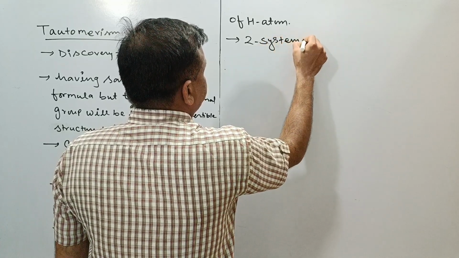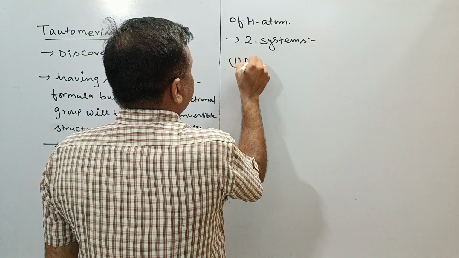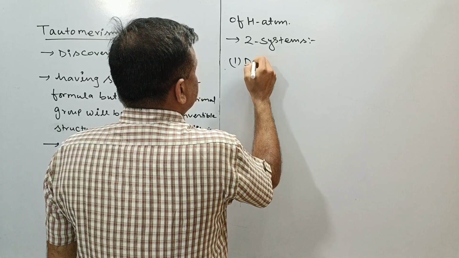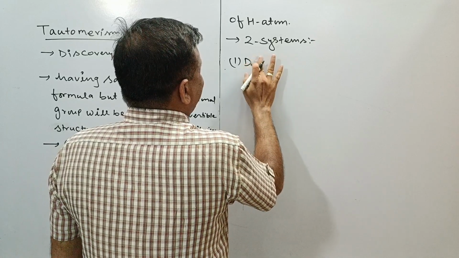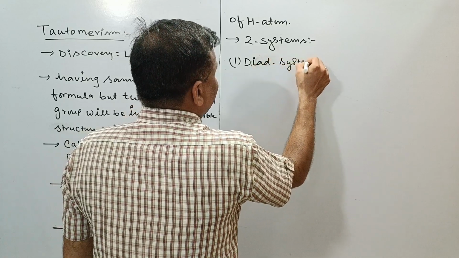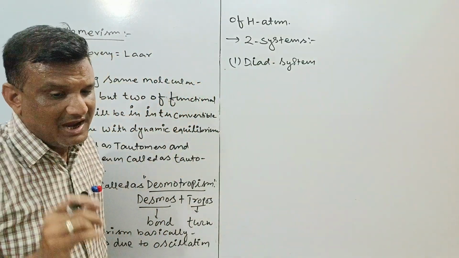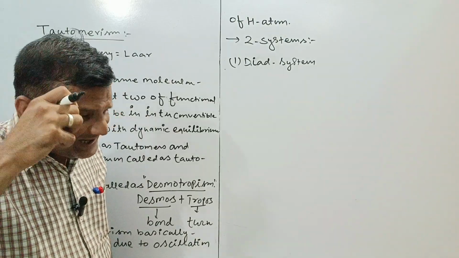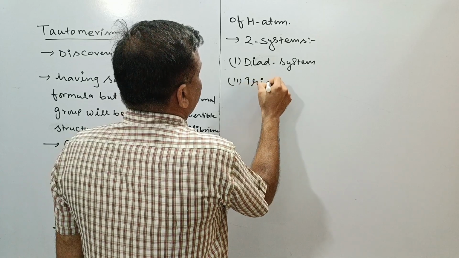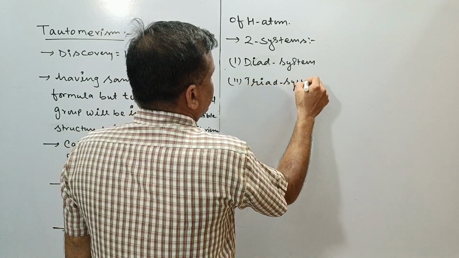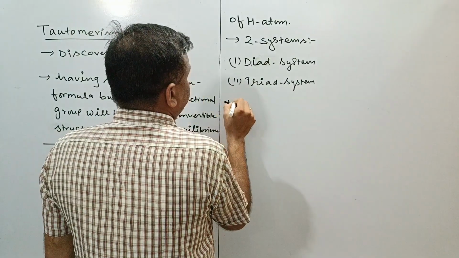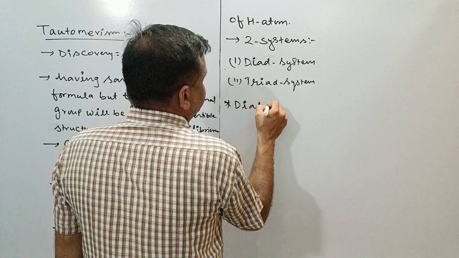Two systems. One of them is the diad system, and the other, the second, is the triad system. First of all, we'll go with the diad system.